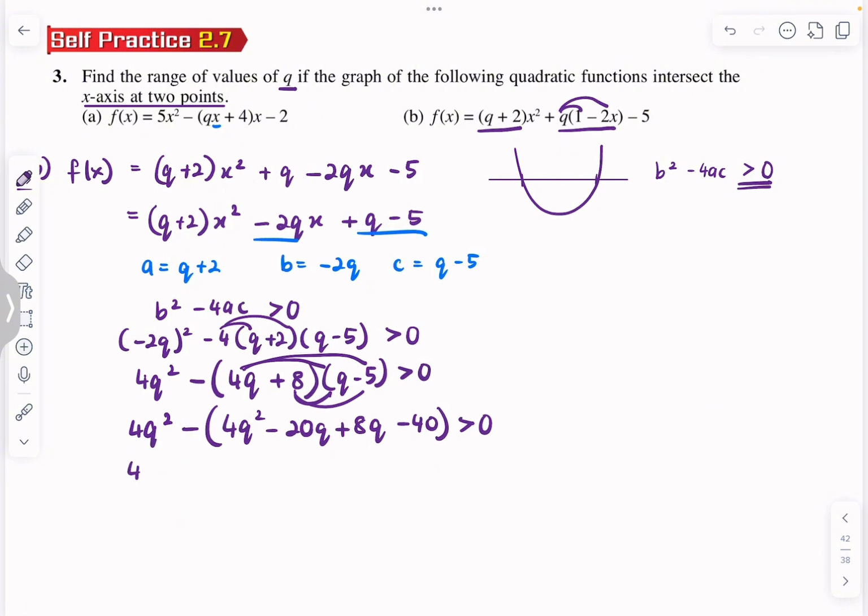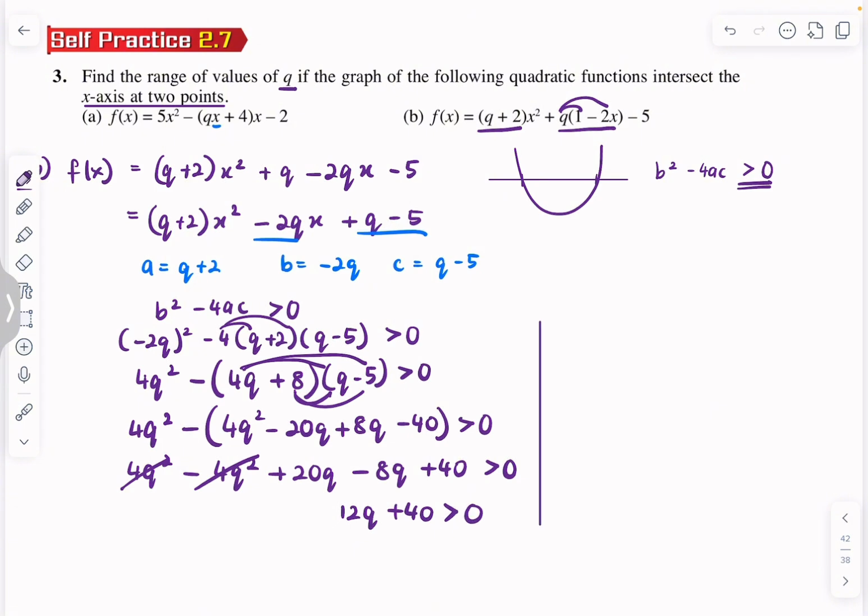Then we open up the bracket. So minus 4q squared plus 20q minus 8q plus 40 more than 0. 4q squared and negative 4q squared cancel each other. 20q minus 8q will become 12q plus 40 more than 0. So 12q is more than negative 40.